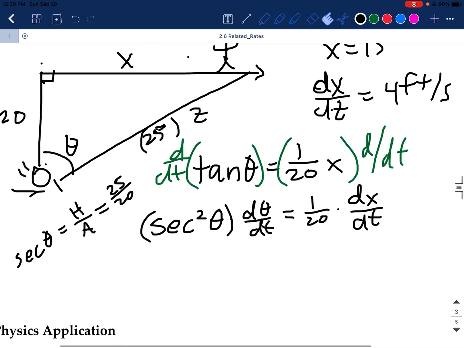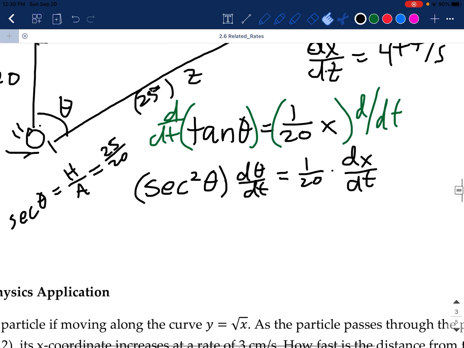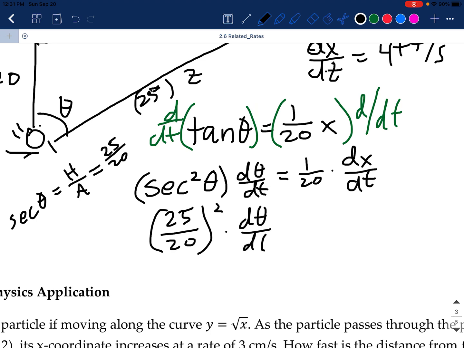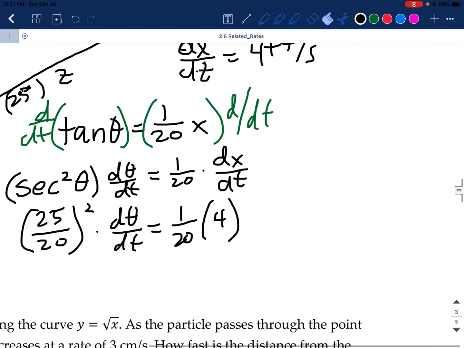So that's 25 over 20 squared times dθ/dt, and then 1 over 20 times 4. Let's move that over and multiply by the reciprocal of that squared quantity.